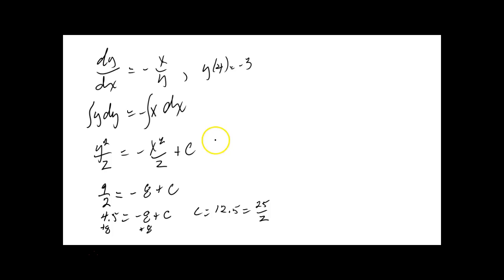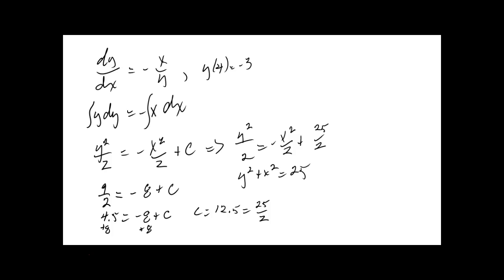So your solution is, let's write it down first: y squared over 2 is equal to minus x squared over 2 plus 25 halves. Multiply everything by 2 and you get y squared plus x squared equal to 25. Well, that's a circle of radius 5, isn't it?